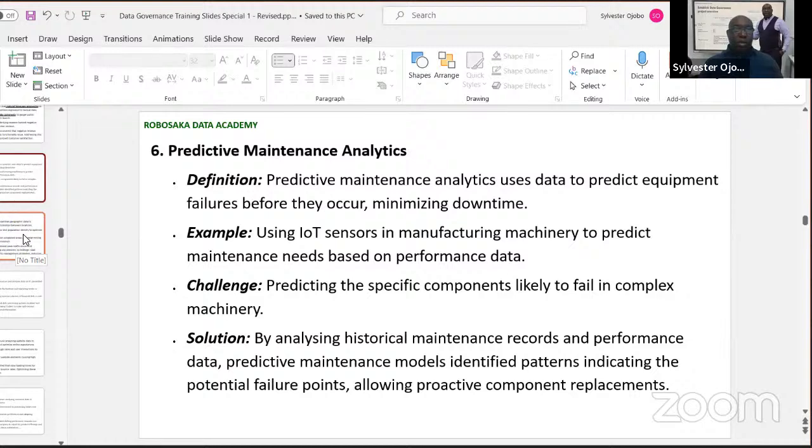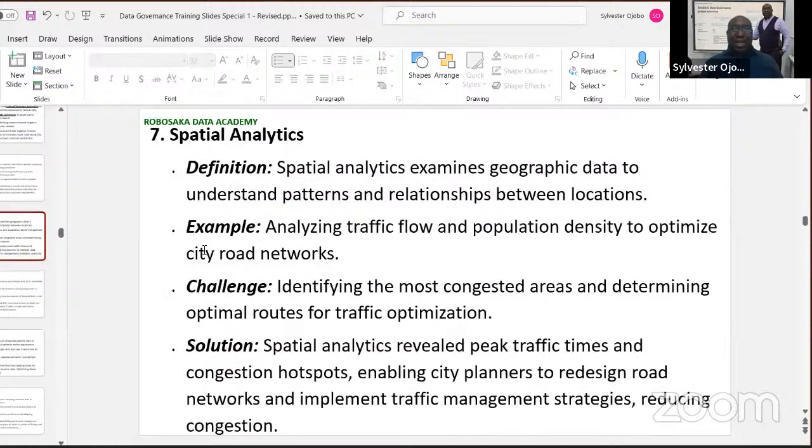So we're moving forward. We have spatial analytics. Spatial analytics examines geographic data to understand patterns and relationships between locations. So if there's an occurrence in a place and another occurrence in another place, you look at the pattern and how it goes.